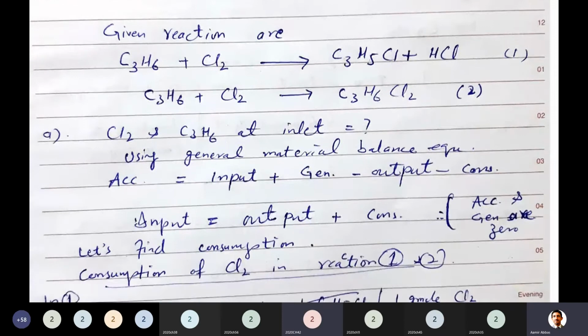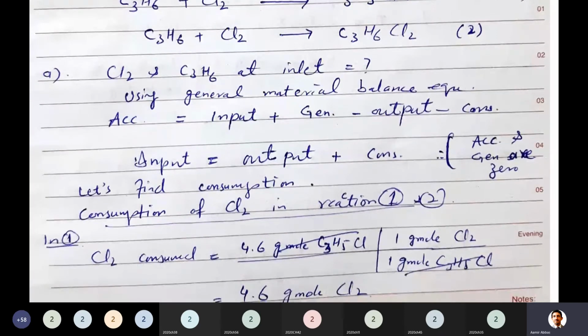So based on that, I have discussed here that we can find the consumption of chlorine in both reactions 1 and 2. For the first reaction, I am calculating the chlorine consumed in the first reaction, and that will be based on any product which is produced as a result of the first reaction.